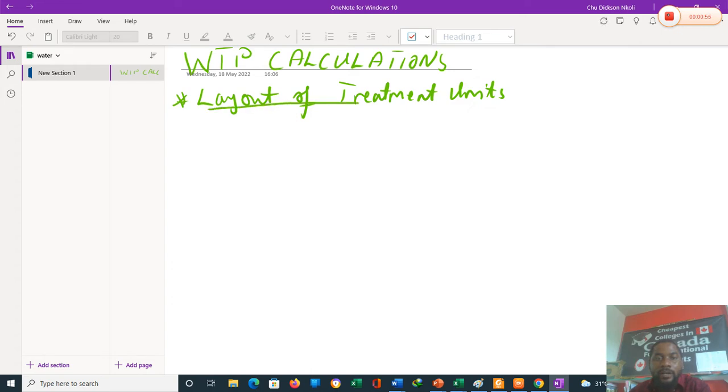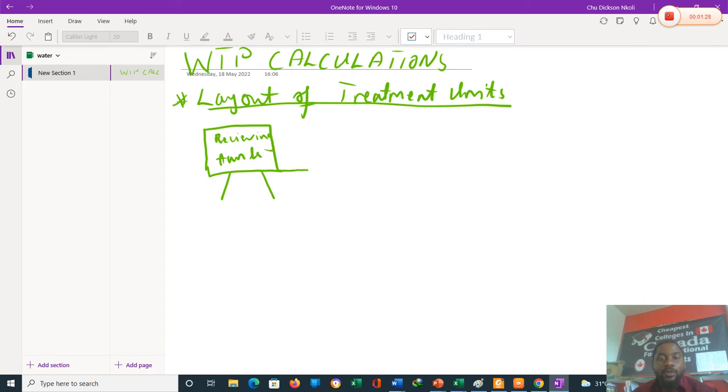Talking about this, the first unit here is what we call the receiving tank. This is like the reservoir that receives the water that comes into the treatment facility.